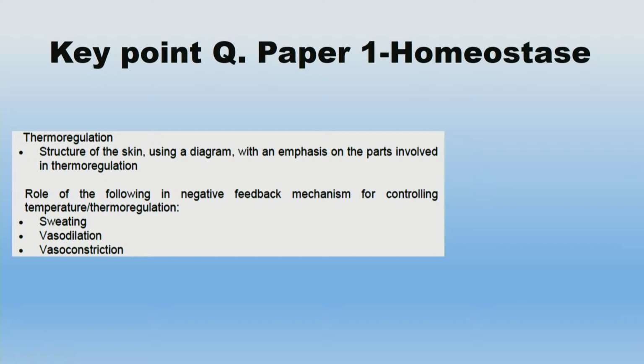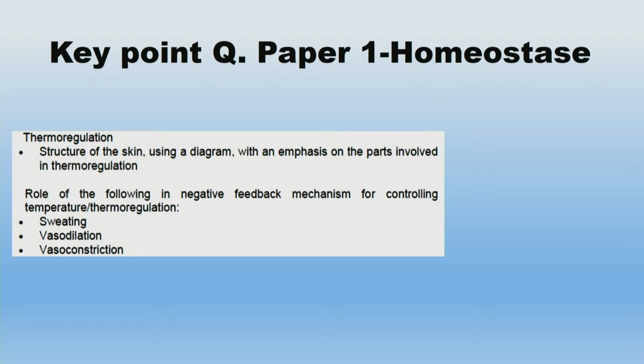Okay, and then this is what we have again. Under homeostasis, you still remember that the endocrine system together with homeostasis will be out of 34 marks.